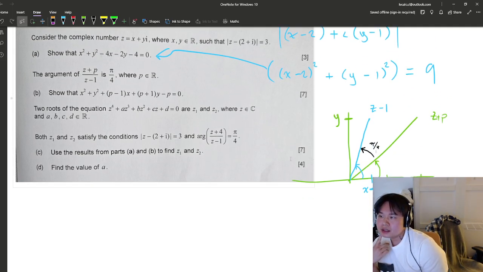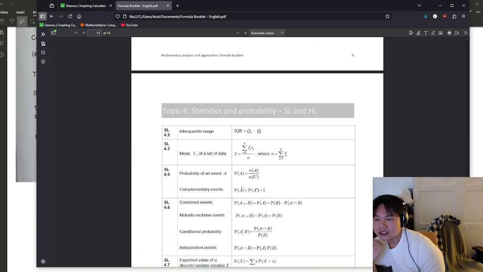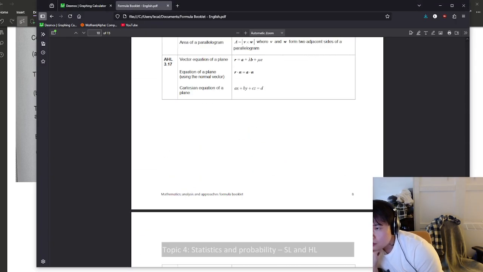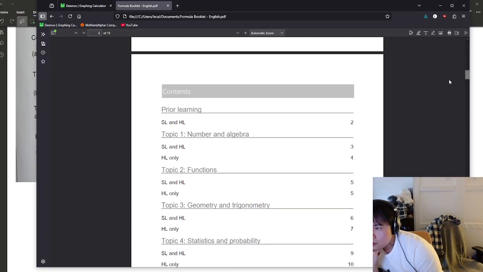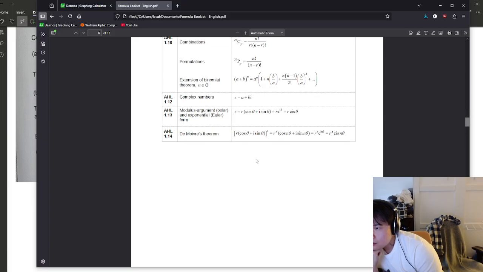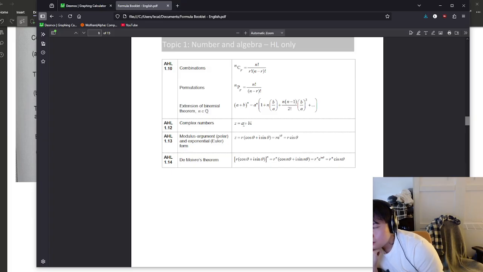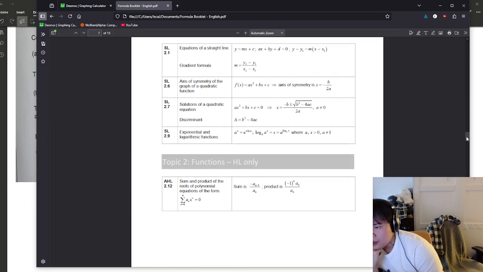Okay, what do we do? Where's my complex number stuff? I might be stuck, you guys.